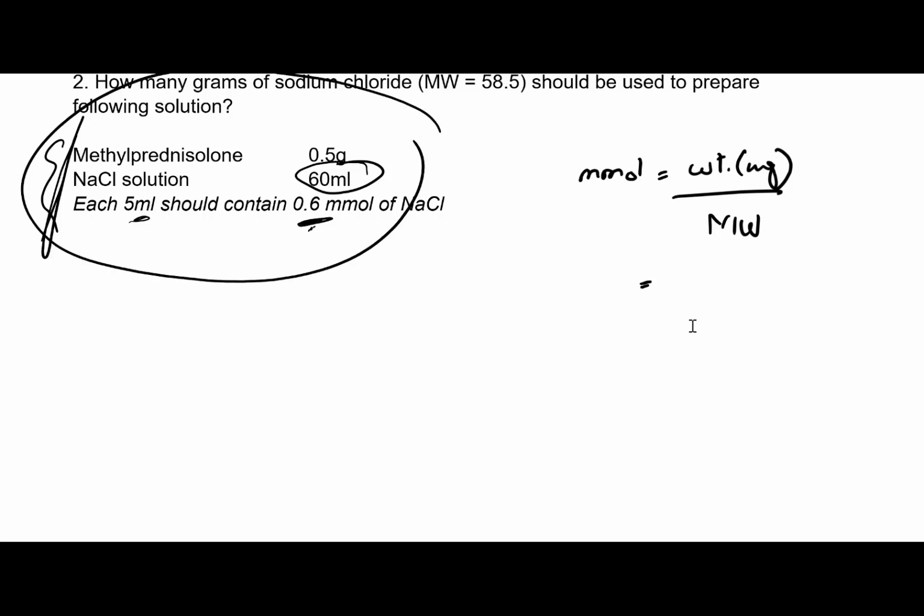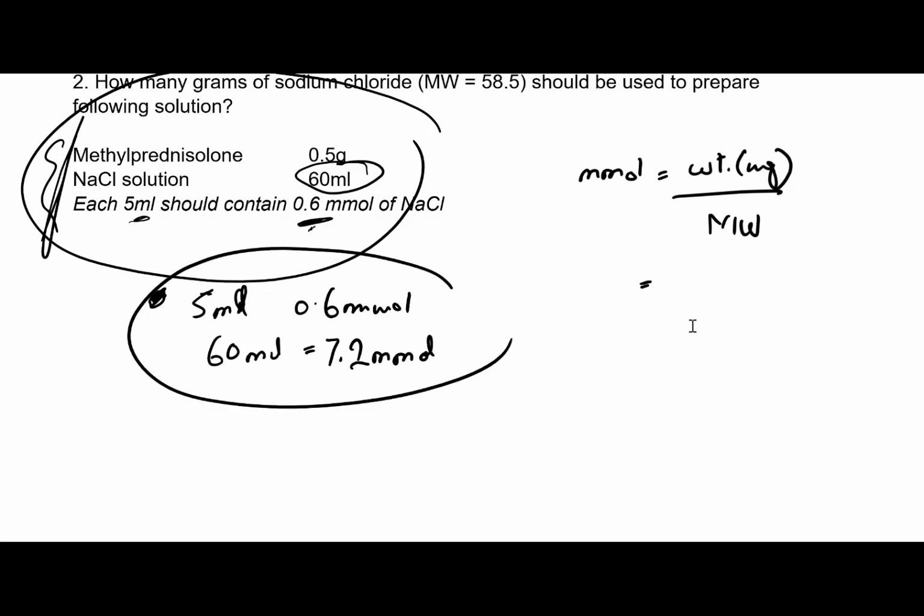So if 5 mils contained 0.6 millimoles, 60 mils will have 7.2.